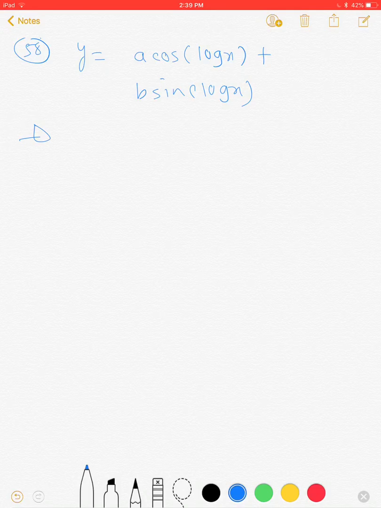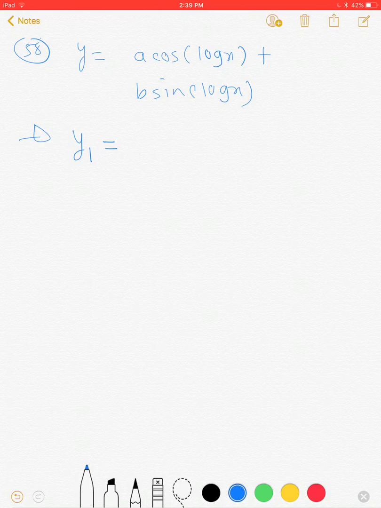First step, because all options are in terms of y1 and y2, we have to differentiate this function up to the second derivative, and all the terms are only in terms of y1, y2, y and x. So first differentiate this function with respect to x.